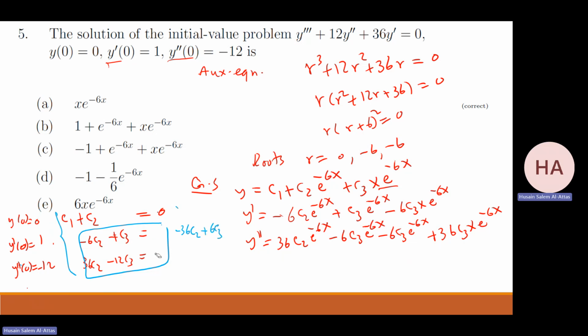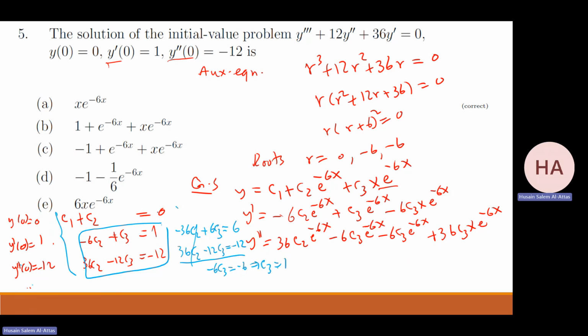These are 1, this is 1, this is minus 12. Okay, this is multiplied by 6. That will be 6. This 36 C2 minus 12 C3 equals minus 12. Add them. These cancel. I have minus 6 C3 minus 6 C3 equals minus 6.